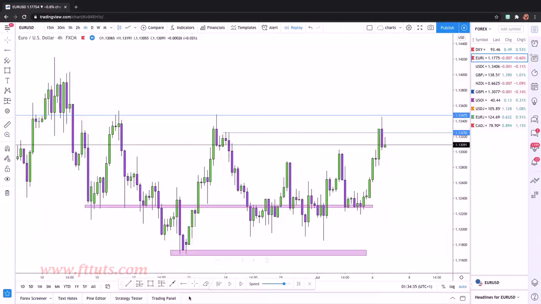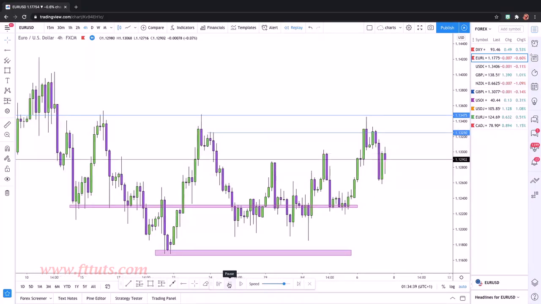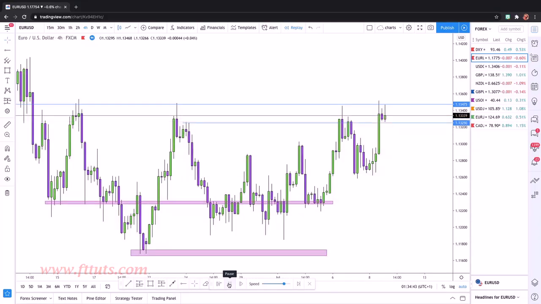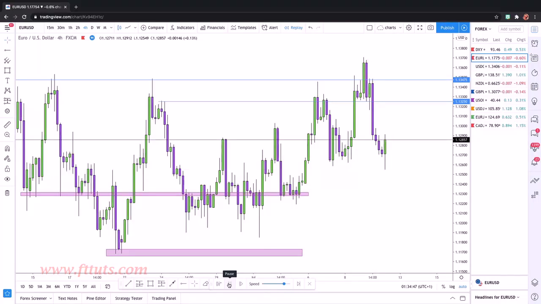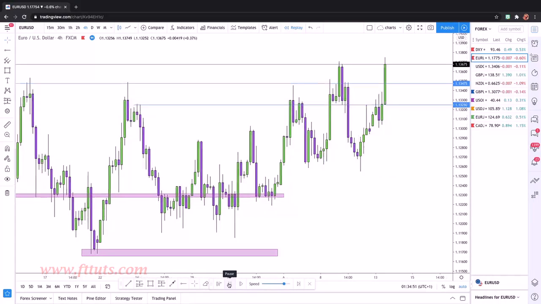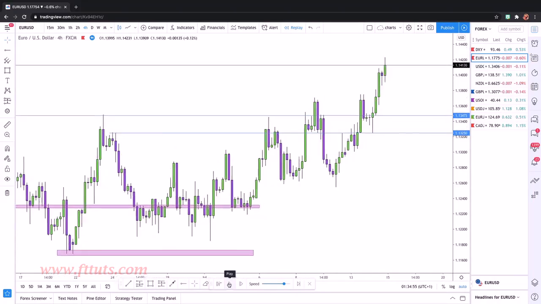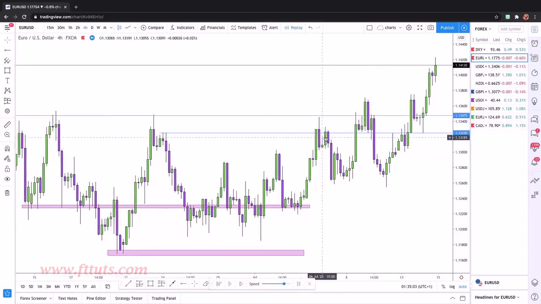Okay, so what ends up happening, it comes up to test the 1.13250. It comes up to the 1.13250, breaks, and then it breaks here.